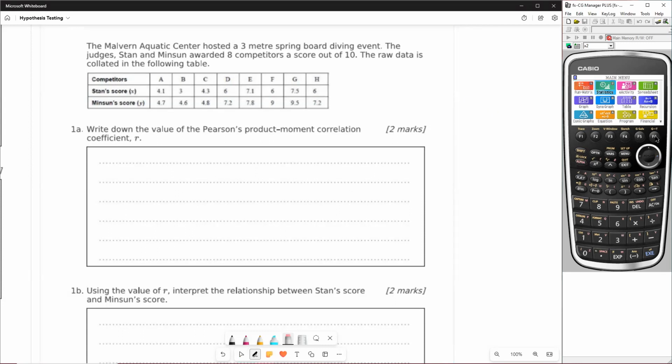So to do this, number one, you have to input your data in list form. It doesn't matter what graphing calculator you're using, you have to go to where it says lists, either on statistics or just say spreadsheets and lists. And then you input list 1 and list 2.